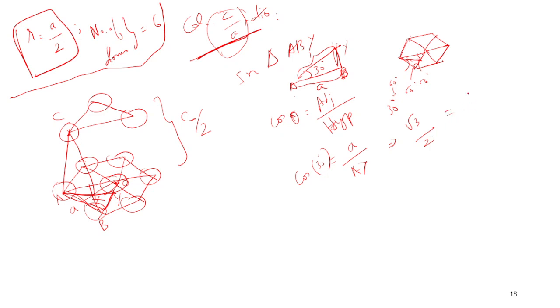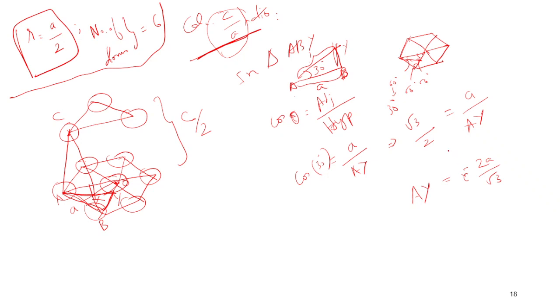There are people coming even now. So this is AY. We'll just rearrange this and we will get the value of AY as 2a by root 3.